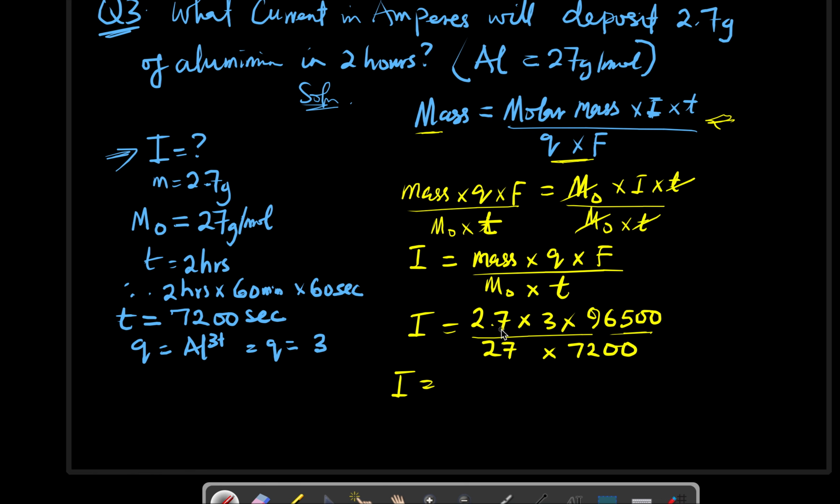Multiply 2.7 by 3 by 96500, have your answer, then divide it by 27 times 7200, and then you may have 4.0 or just 4 ampere. This A stands for ampere, which is a unit for current. So either have it as 4 ampere, let me write it in full, which is the value for this current.